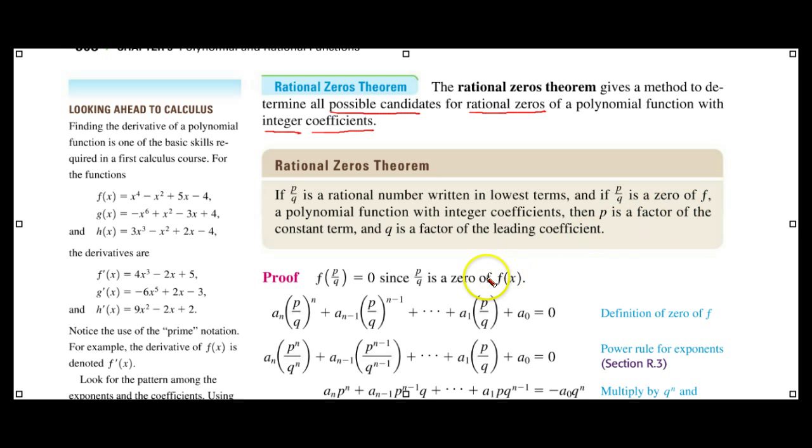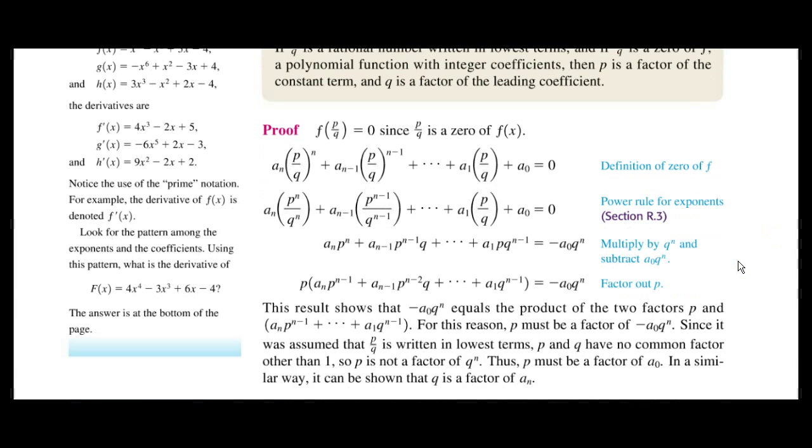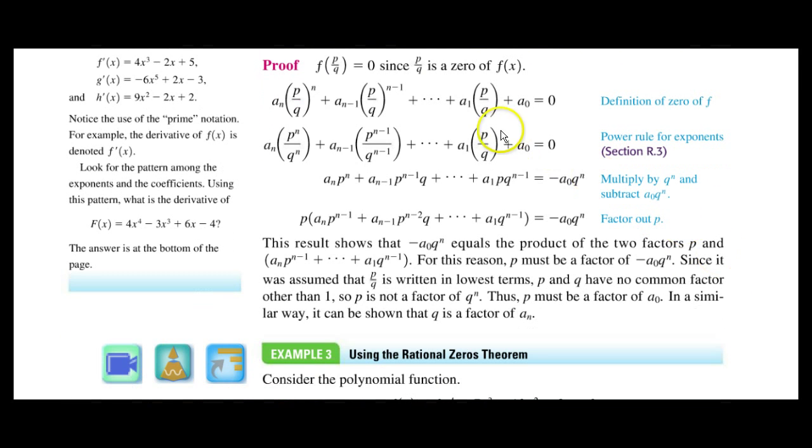And they give you a rather detailed proof that I don't think we need to memorize. Basically, you're starting with your n power, and then something that is just one less. So this would be to the 4th, to the 3rd, and you're going down till finally you get to the constant at the very end.